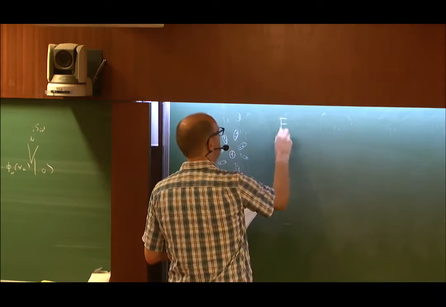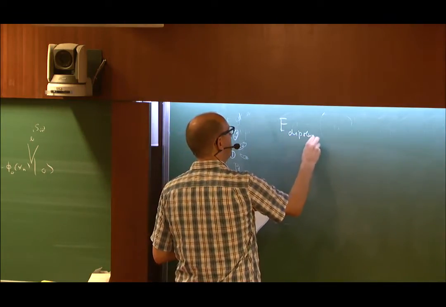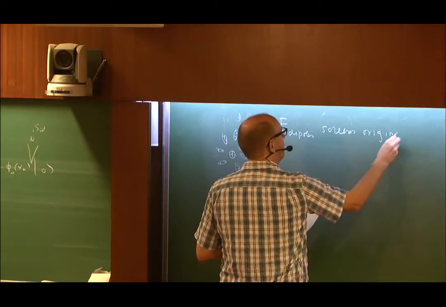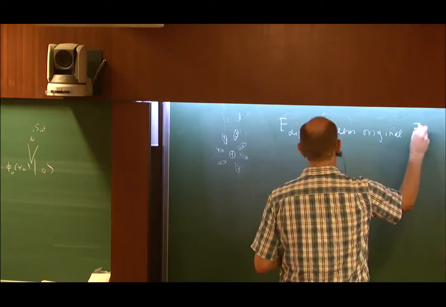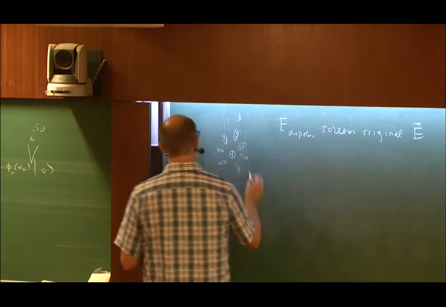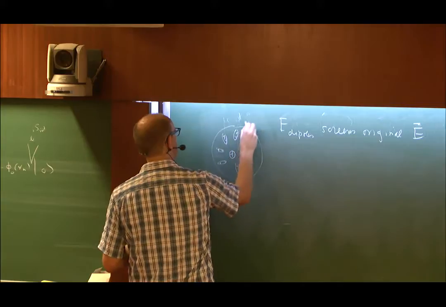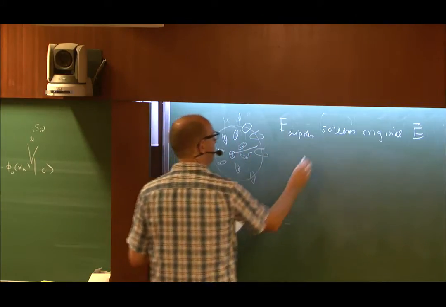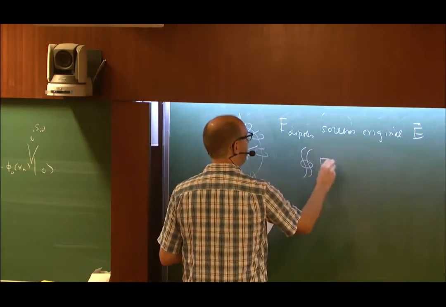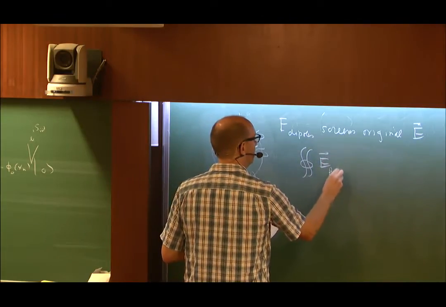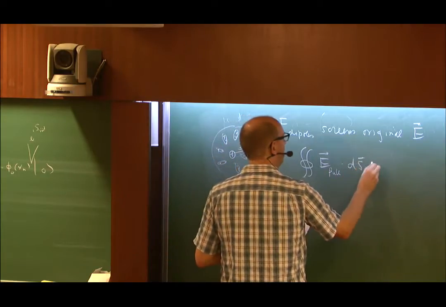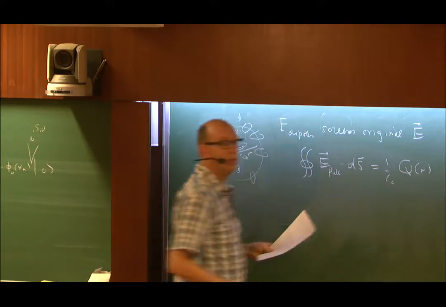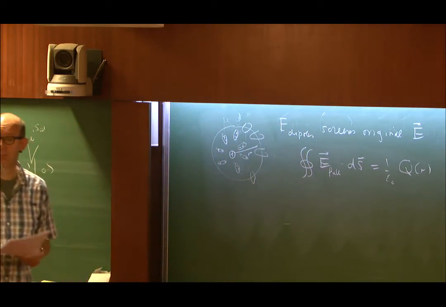So the electric field of the dipoles screens the original E. And if you now draw a surface that goes partly through these dipoles at some distance r, then you will find that the full electric field will be 1 over epsilon times a distance-dependent charge.